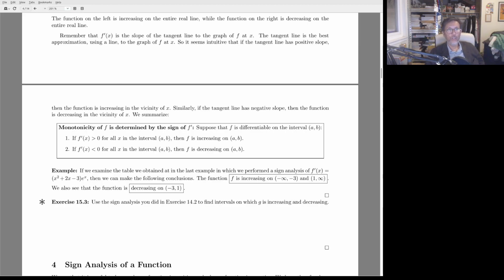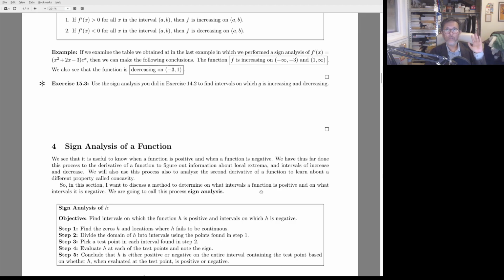Okay. And so you see that it is crucial that we learn how to do and get good at doing the sign analysis of functions.